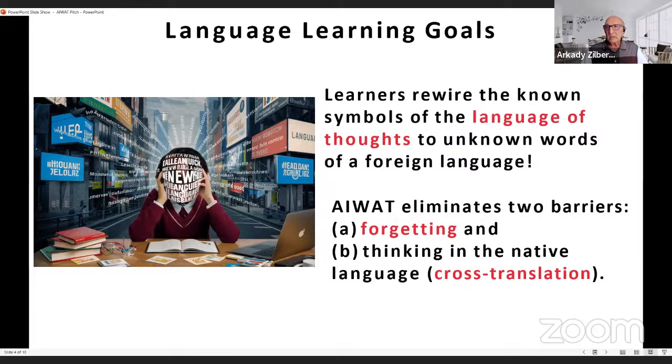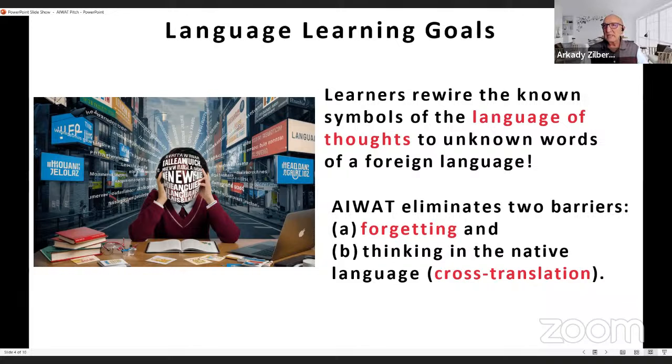Language learning goals. Learners rewire the known symbols of the language of thoughts to unknown words of a foreign language. This definition may sound strange to you, but let me explain.